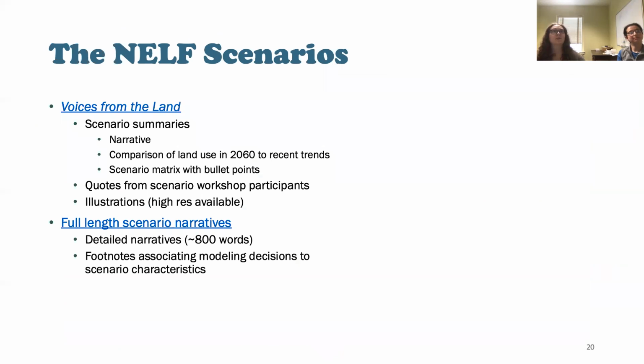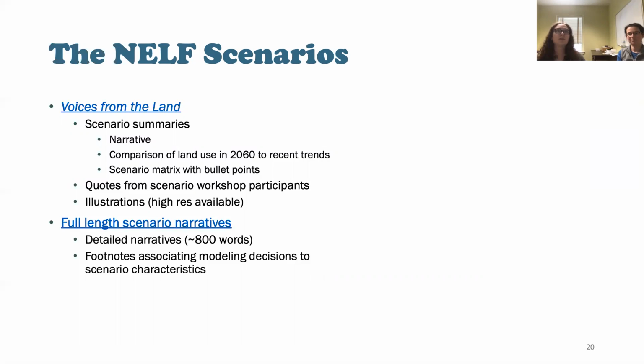So to read more about the scenarios, where can you actually read these stories? There's Voices from the Land, which has summaries in the form of short paragraph narratives, and also a comparison of the land use in that scenario in 2060 to recent trends in 2060, which is the business as usual scenario for comparison, and also some summaries of bullet points within the scenario matrix.